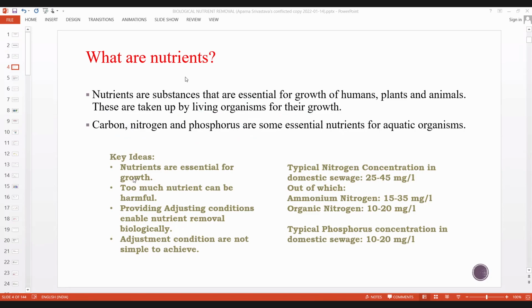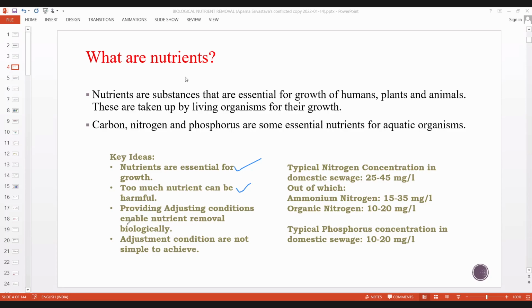So what are the key ideas behind these things? Key nutrients are essential for growth, and that is good for the aquatic system. But if there is too much, what will happen in the aquatic system? It is going to create anoxic conditions, where the toxicity of the water increases.